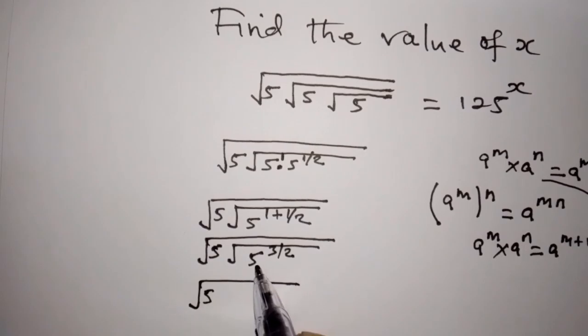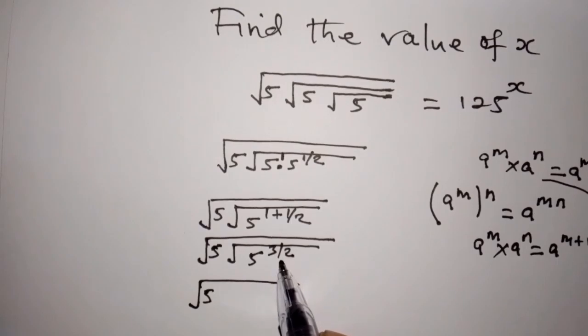Now we want to express square root of 5 power 3 over 2 in another way.